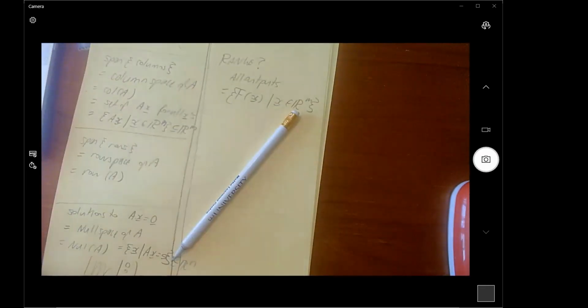So if you took a photograph with a camera, it would turn 3D space into 2D space. And the range is what's in the picture. That's the range. So the range is everything that you're able to produce by sticking things through the linear transformation.